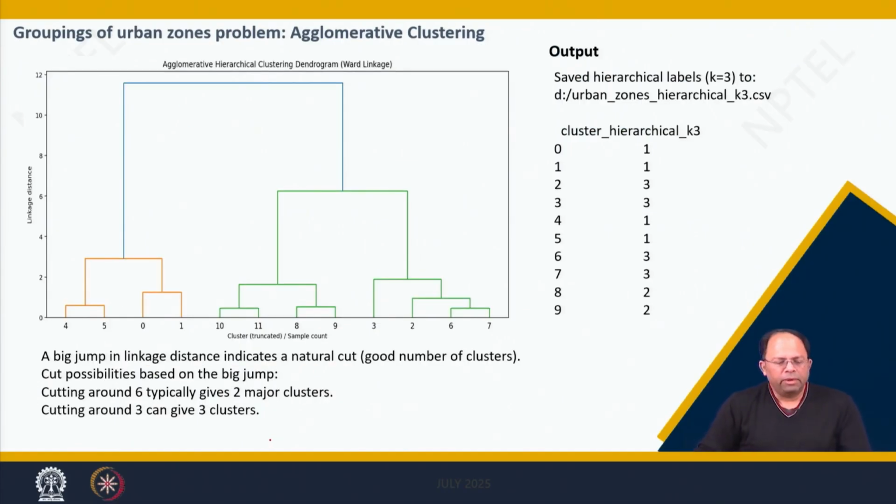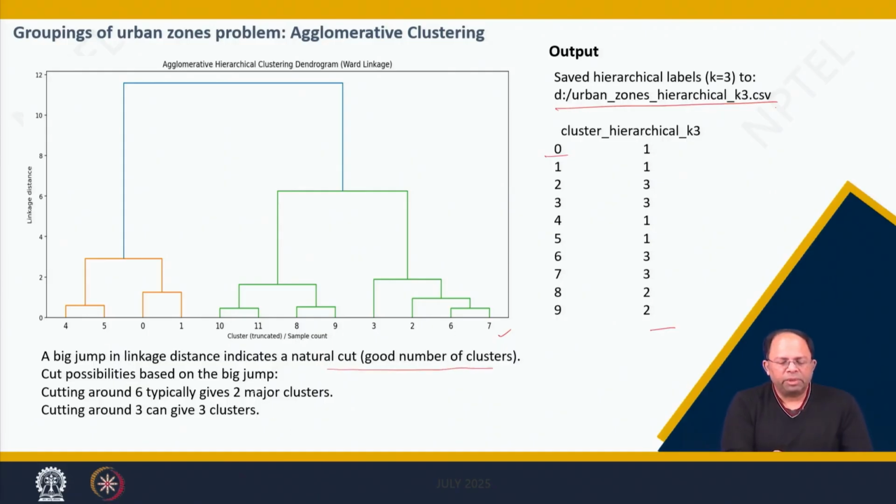So over here you can see the final dendrogram, how it has come, and then the data file is saved over here, and this is the assignment of each data point into which cluster, right. So accordingly we can see over here which data point is going to which cluster, and we see in the dendrogram a big jump in linkage indicates a natural cut, a good number of clusters.